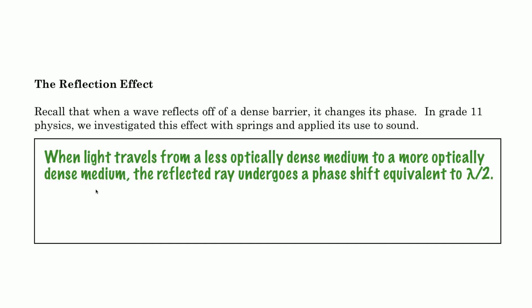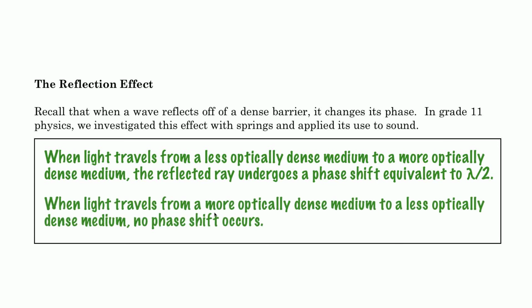But here, when light travels from a less dense medium to a more dense medium, the reflected ray undergoes a phase shift equal to 1/2 of a wavelength. When light travels from a more optically dense medium to a less optically dense medium, we do not see a phase shift. This is the same physics that we talked about in grade 11, but now we're applying it to light and summarizing it again here.